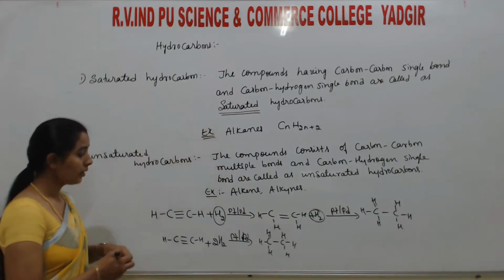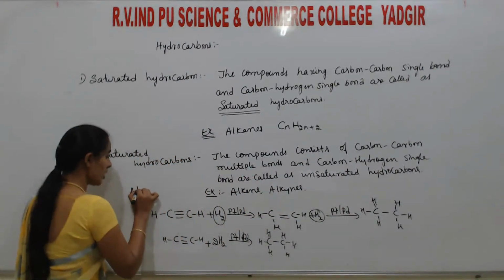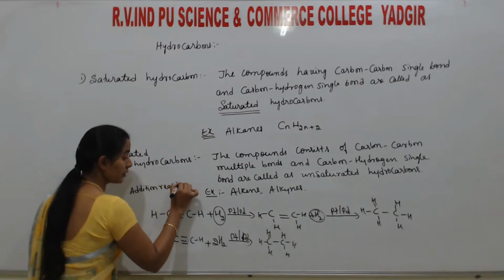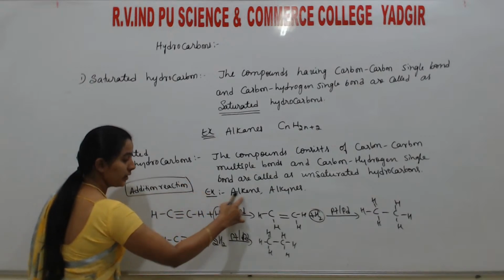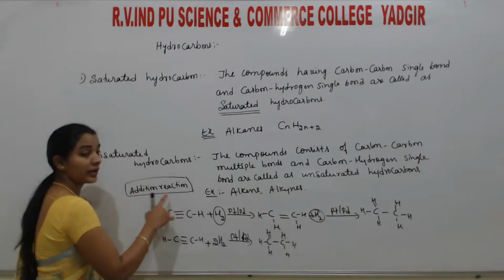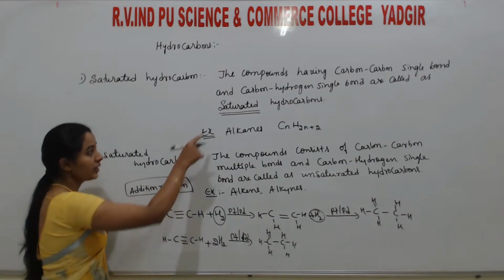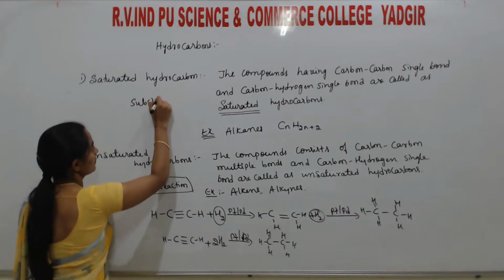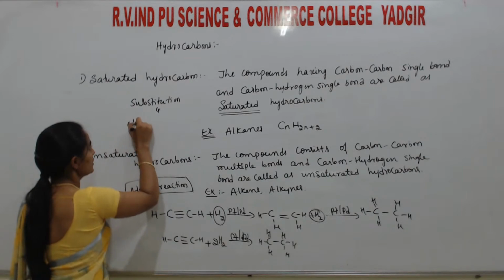So students remember, always alkenes and alkynes undergo addition reactions. Remember that. Always alkenes and alkynes undergo addition reactions, which means atoms are added to them. This one undergoes substitution and elimination reactions.